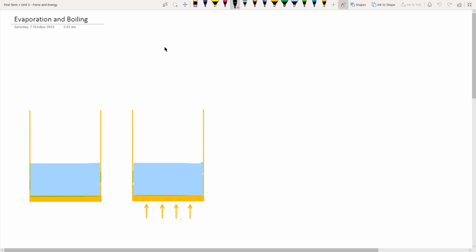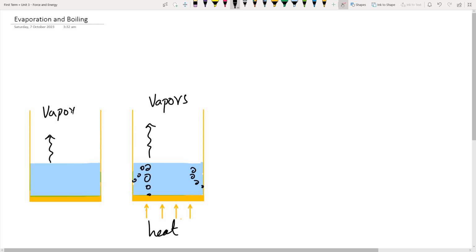Because when we talk about boiling, we're giving intentional heat to the system, which causes the rise in energy of these particles, causing it to bubble out and convert into vapors, right? So let's take the example of water. It will create these bubbles, while in terms of evaporation we only see escape of vapors from the surface, right?